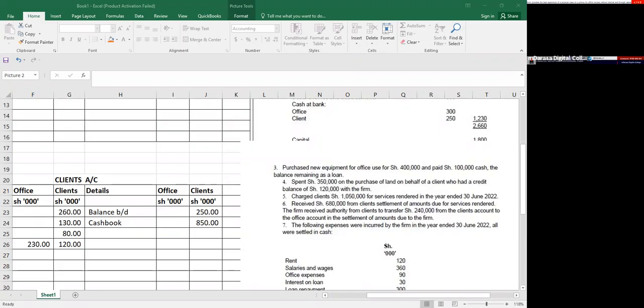So we debit our client's account office column, and we credit our fees account. So these are what Mwalimu is going to do.